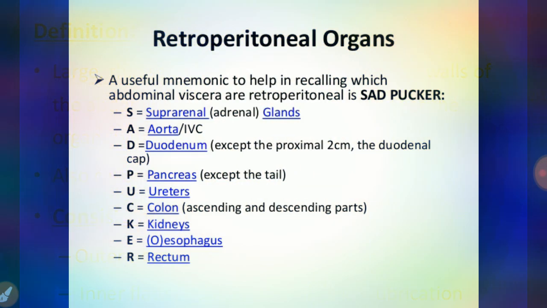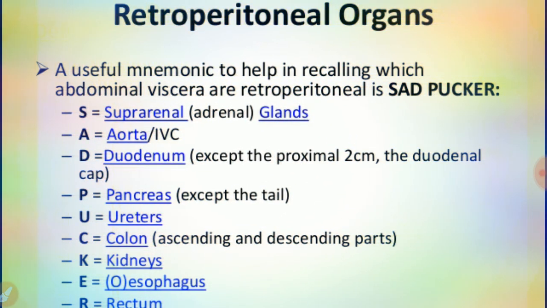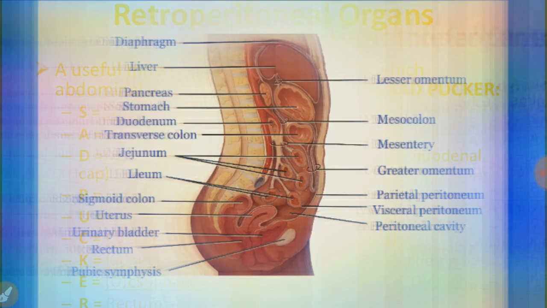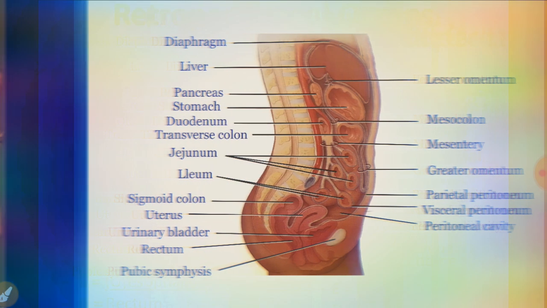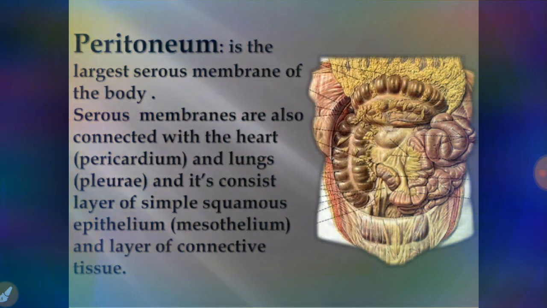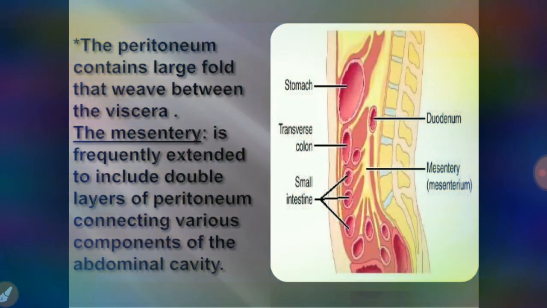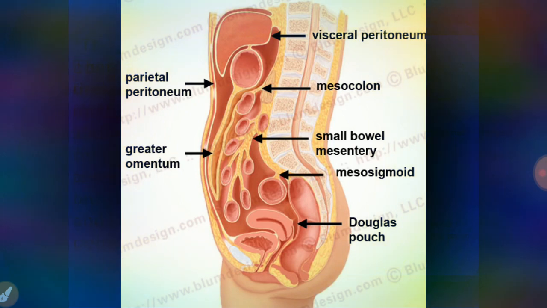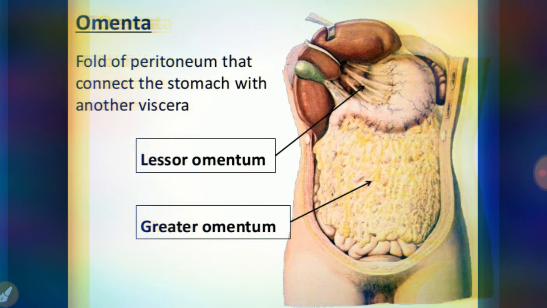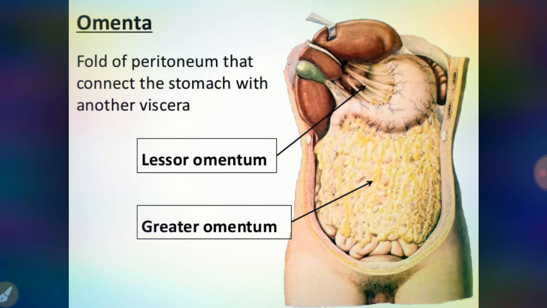We have also seen the retroperitoneal organs. Then we have seen the folds of the peritoneum. There are five major folds of the peritoneal cavity: the greater omentum, the lesser omentum, the falciform ligament, the mesentery, and the mesocolon.